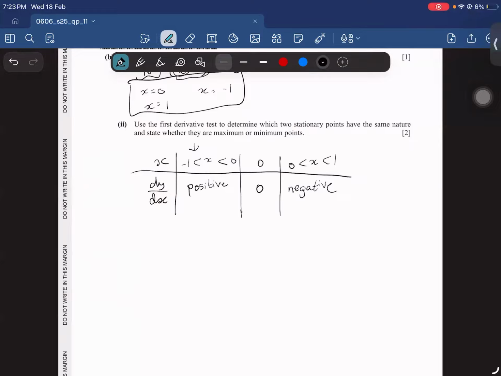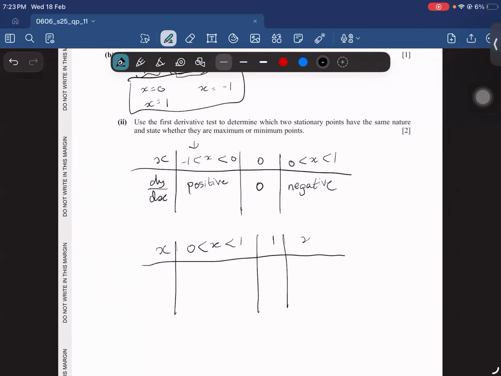And then we're going to draw another table. And this time I'm going to do 1. So I'm going to do 0 to x to 1, which I know I've done, but it's just going to make it easier. And 1 itself, and x is greater than 1. So dy by dx.